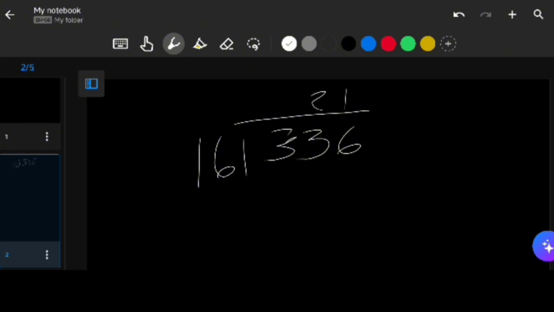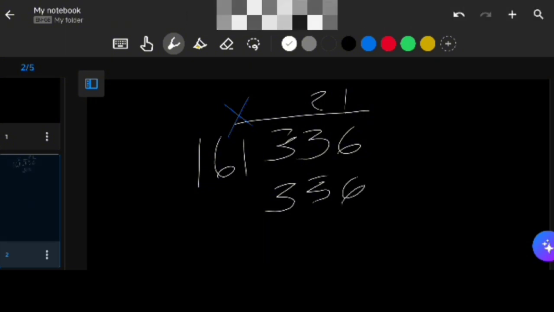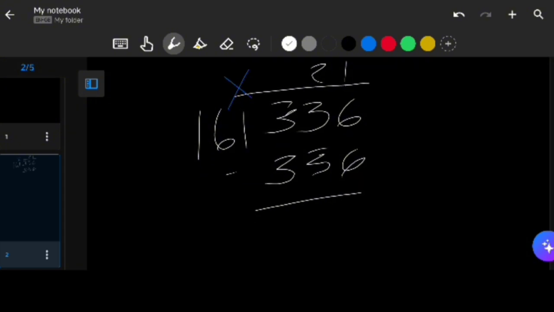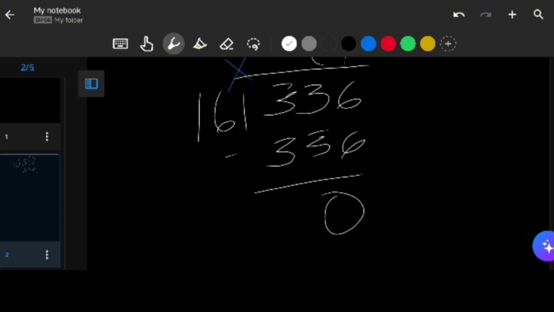So, let's verify it. 16 times 21 is 336. So, 336 minus 336 is 0. So, our second remainder is 0.